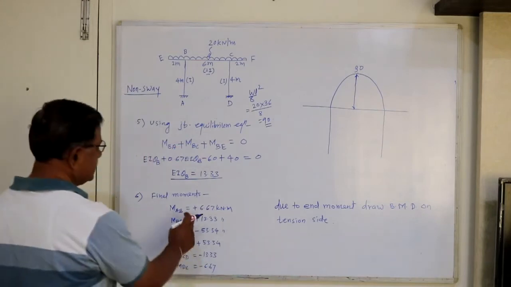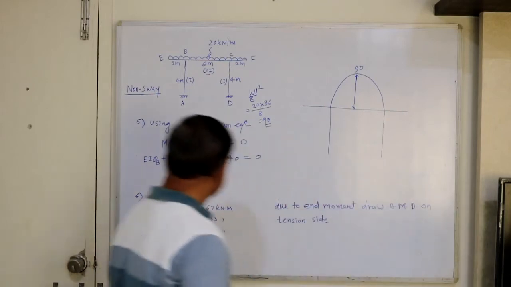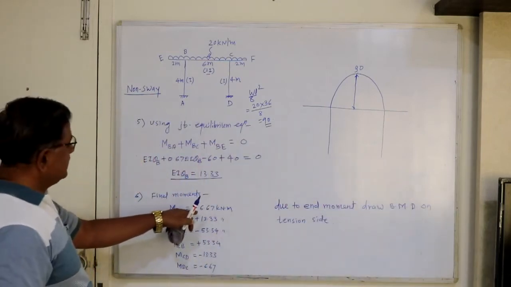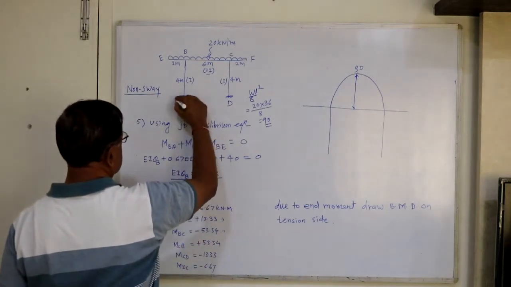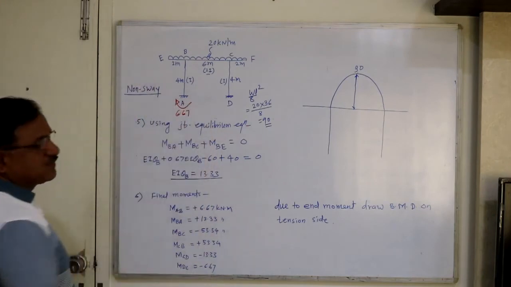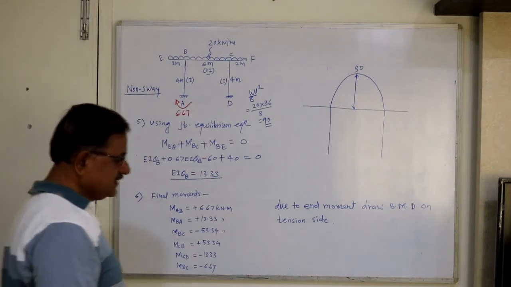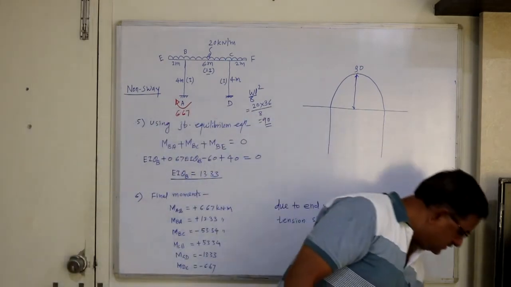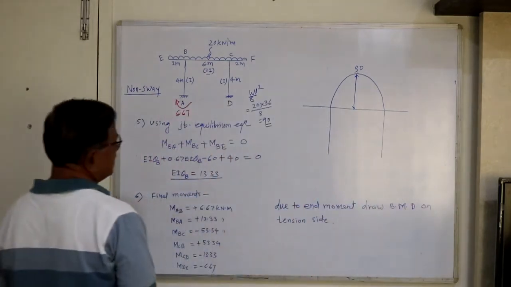Now say first one, this anti-clockwise moment, say MAB is clockwise 6.67. So clockwise means it produces tension inside, on the inward side.